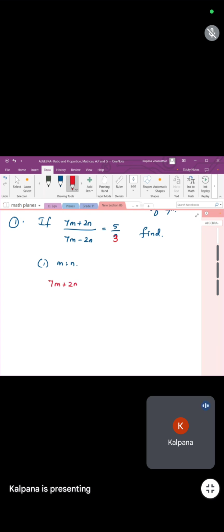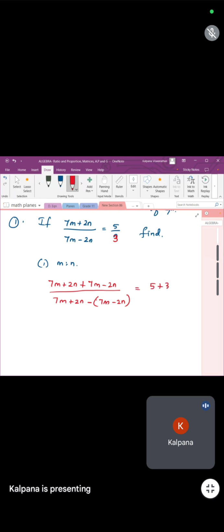7m plus 2n, this is your numerator, plus denominator 7m minus 2n, divided by numerator 7m plus 2n minus, when you have a negative sign, I've told you please open the bracket, 7m minus 2n. Otherwise you only write minus 7m minus 2n and you will end up getting a wrong answer.